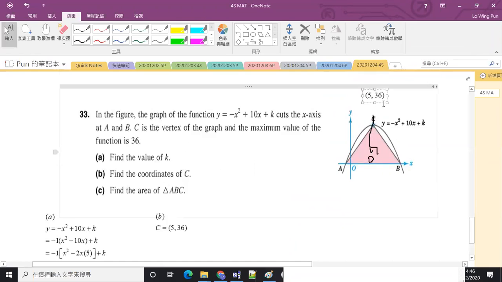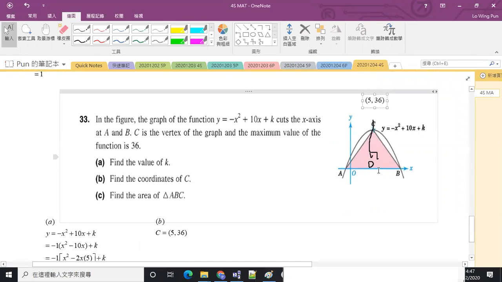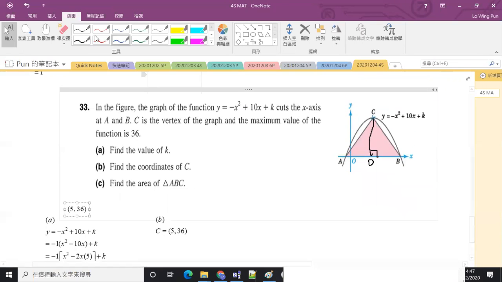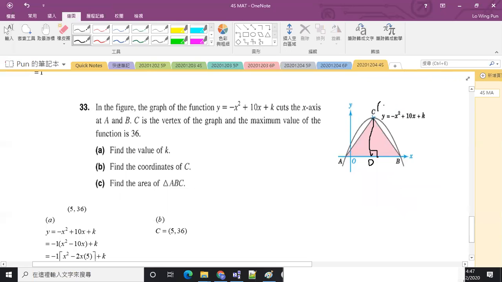And then point D is vertically below point C and on the x-axis, which means that point D will have the same x coordinate as point C, that is 5. And because D is on the x-axis, the y coordinate will be equal to 0.